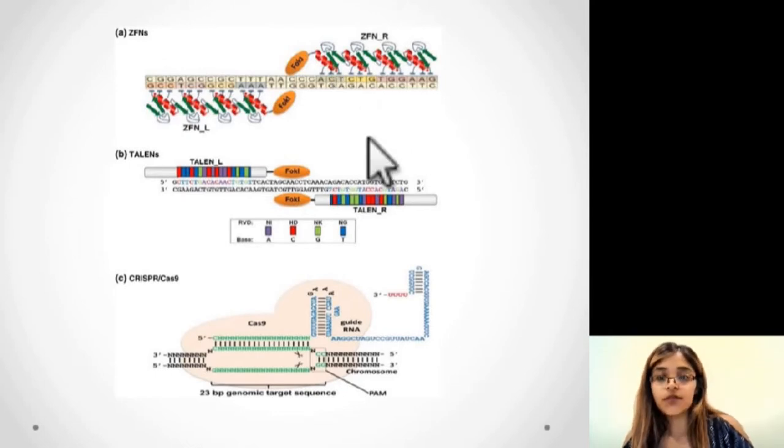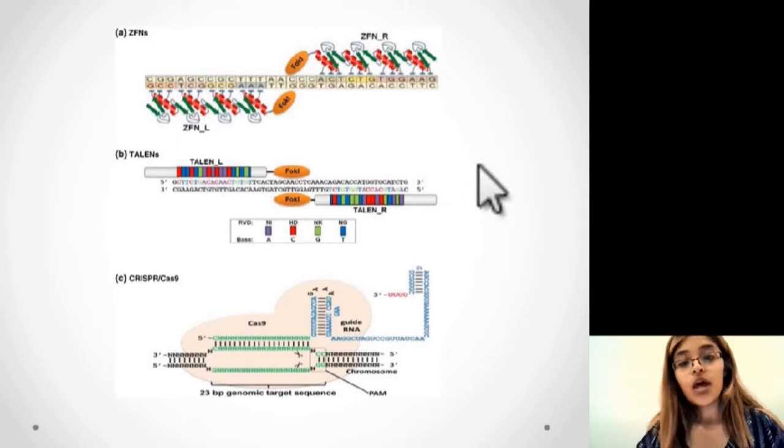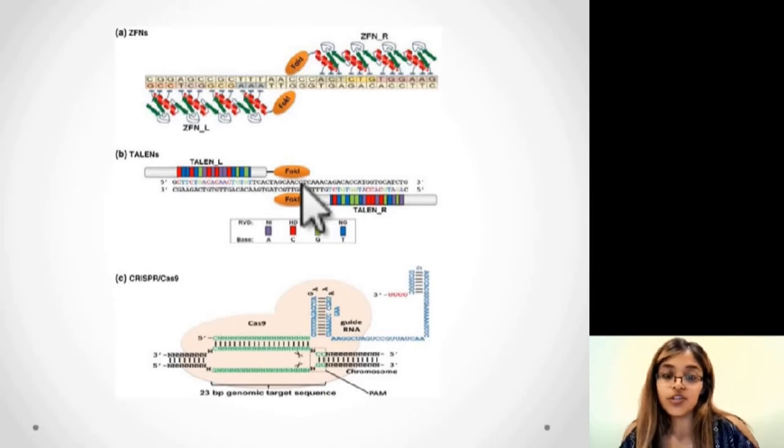So this is a difference between the TALENs and the zinc finger nucleases, but they both use the FOKI DNA cleavage domain to cut the DNA. So just like before for zinc finger nucleases, if these two don't dimerize, then no cleavage is gonna happen.